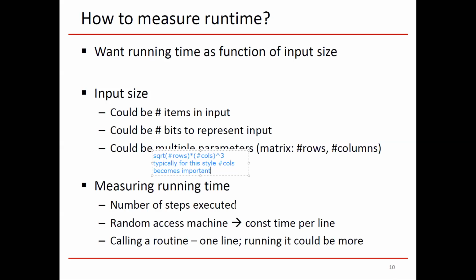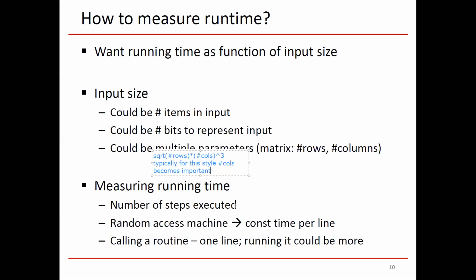And it's reasonable to assume that for this simple computer, we're going to write on every line something that's a simple instruction that it can perform in some constant amount of time, or at least we model it as a constant amount of time. Because of that, counting steps is reasonable. In a random access machine, if we assume that in every line we have one of these core instructions in our instruction set of this hypothetical random access machine, then we're good.